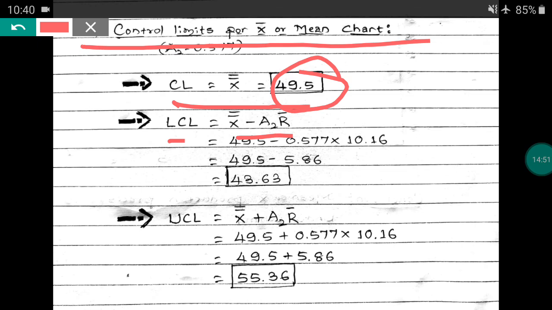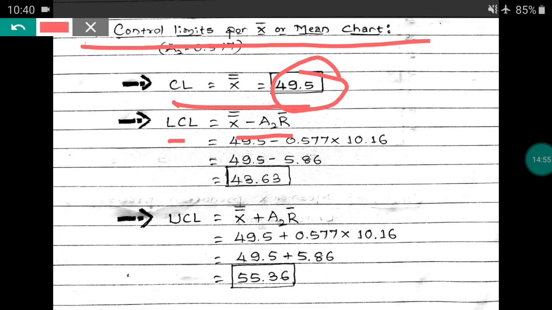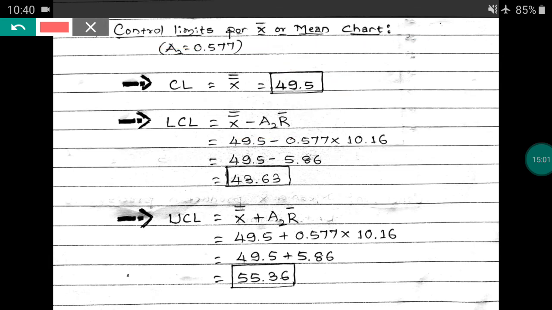X double bar value is 49.5 minus 0.577 into 10.16.